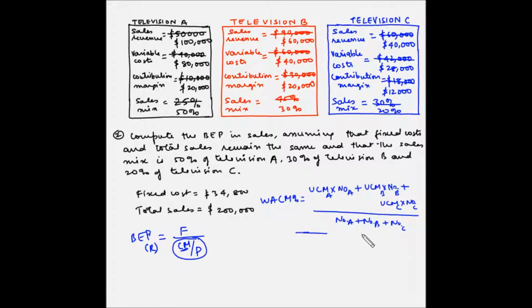Then we have to divide this by the weighted average of the selling price.